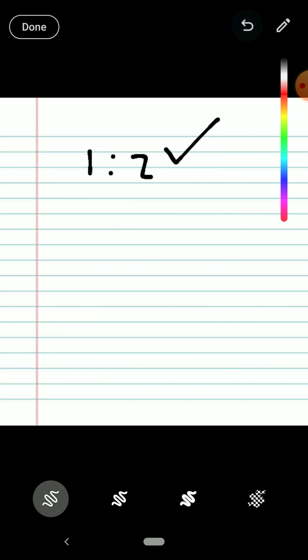For example, if the length on the map is 40, what is its actual length? You just put 40 on the map, then x on the actual side, then you cross multiply. If they have said the actual width is 10, what is the width on the map? So on the map, you put x on the side of the map. That's the main point here.